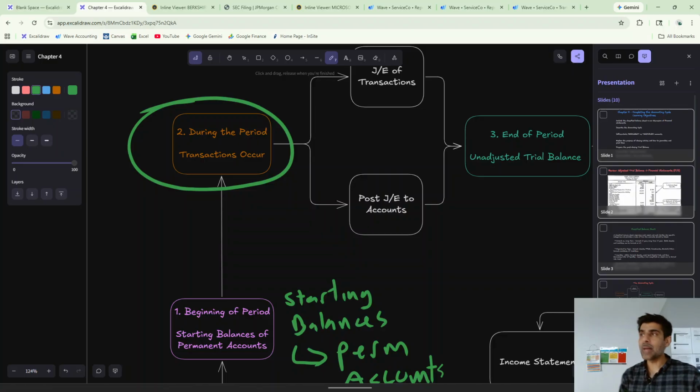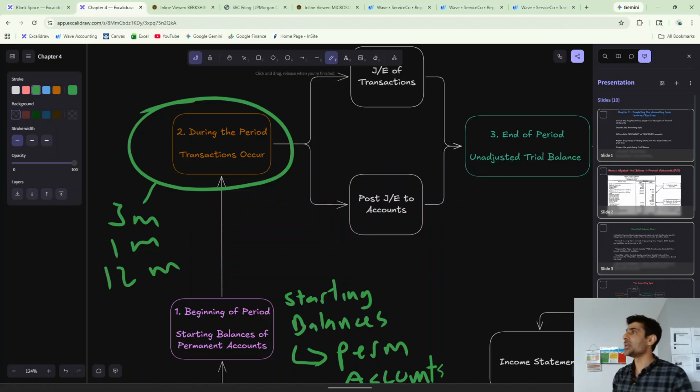The period of time could be 3 months if we're reporting our financial statements every quarter. It could be 1 month if we do monthly financial statements. It could be 12 months if we do yearly. Whatever transactions are happening within this period that we care about measuring, we're going to be tracking those, and we're going to be doing journal entries for those.